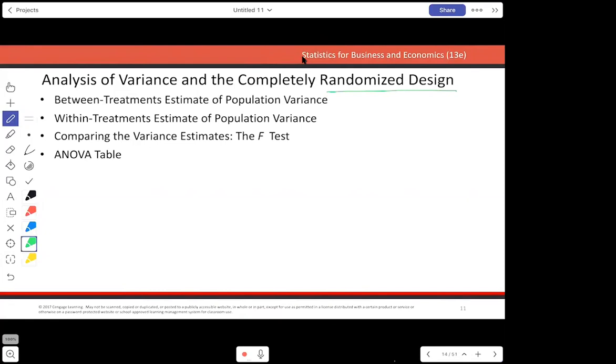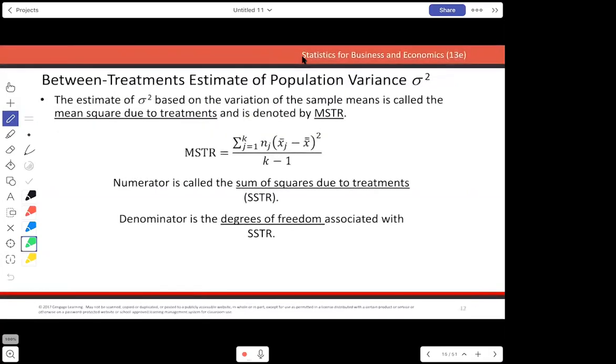So we have a between treatments estimate of the population variance, as I mentioned to you: the treatments as we go from marketing to finance and so on, that's one estimate. Then a within treatments estimate, which we also refer to as the error variation of the population variance. So those are the two variations that we get. And then we compare them with what we call an F-test. And we create an ANOVA table. So we're going to need some terms. And that's the part that requires a little time.